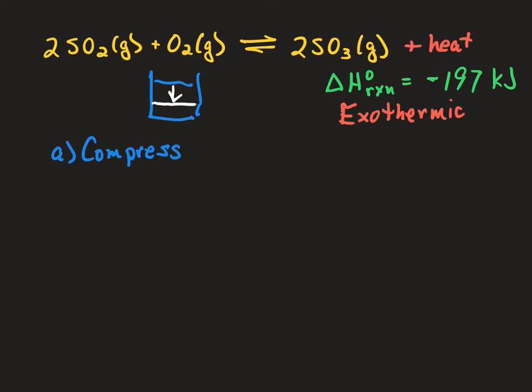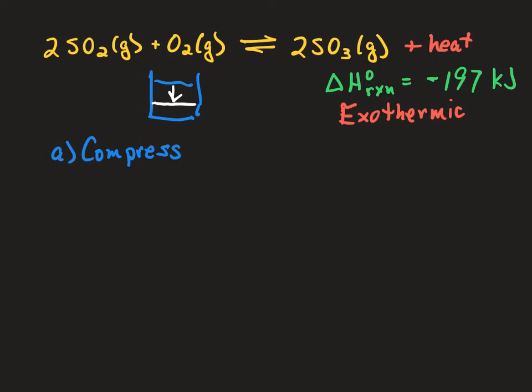What is that going to do to this gaseous reaction? Well, essentially it's going to double the partial pressure of every gas. So, let's say we cut the volume of the container in half. That's going to double each concentration.